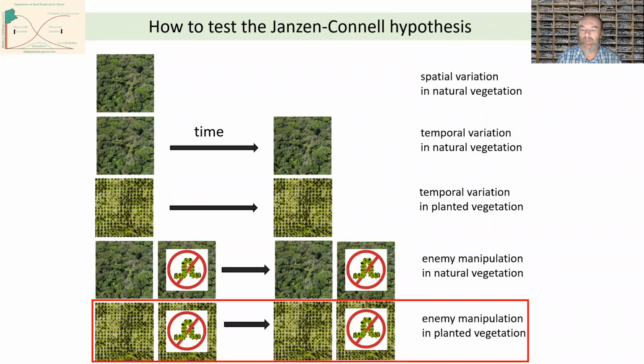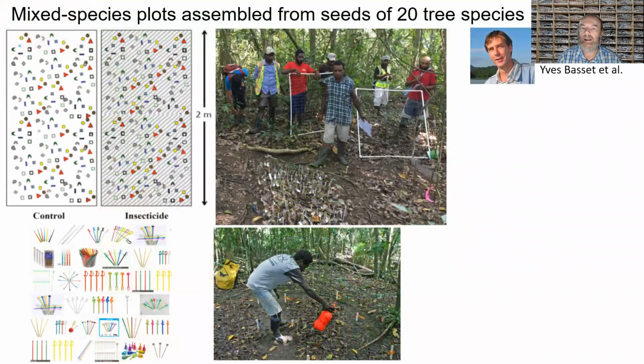And then we go to the next option, and that is the enemy manipulation in planted vegetation. There, again, in Wanang 50-hectare plot, our colleague Yves Basset assembled diverse seed plots with 23 species. Each seed was marked by a cocktail pick.